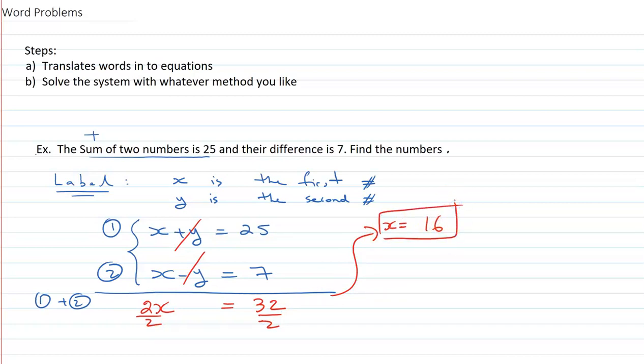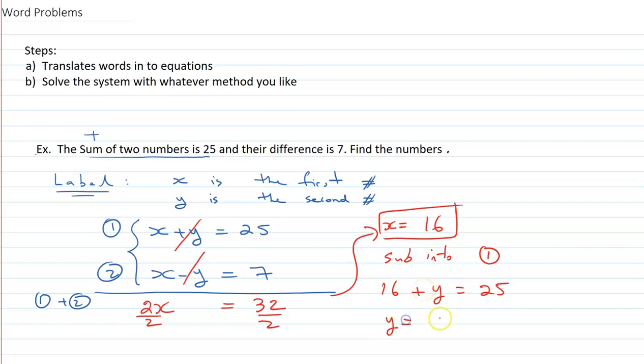Great. Once I get 16, remember that the sum of the two numbers is 25. So I'm going to substitute into the first equation or second equation. It doesn't matter. So 16 plus y equals 25. Once we substitute it, we solve for y.